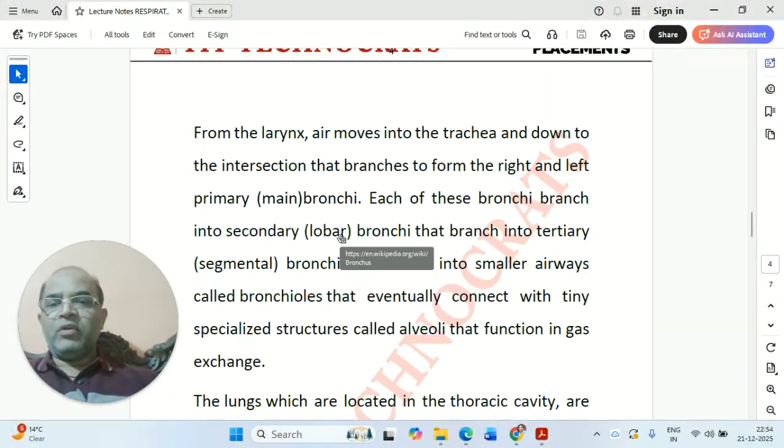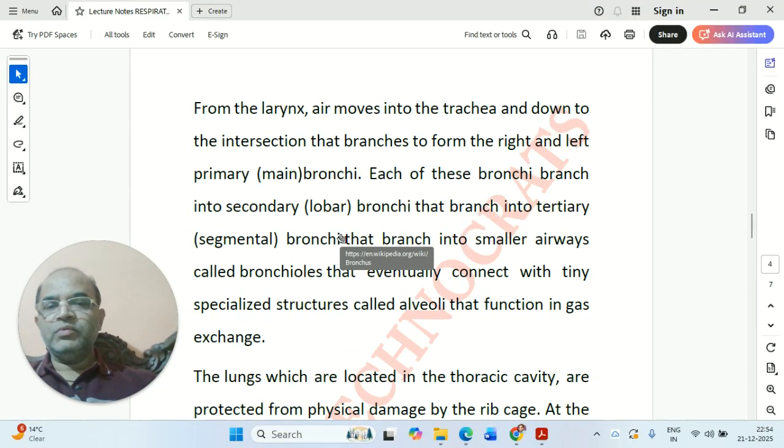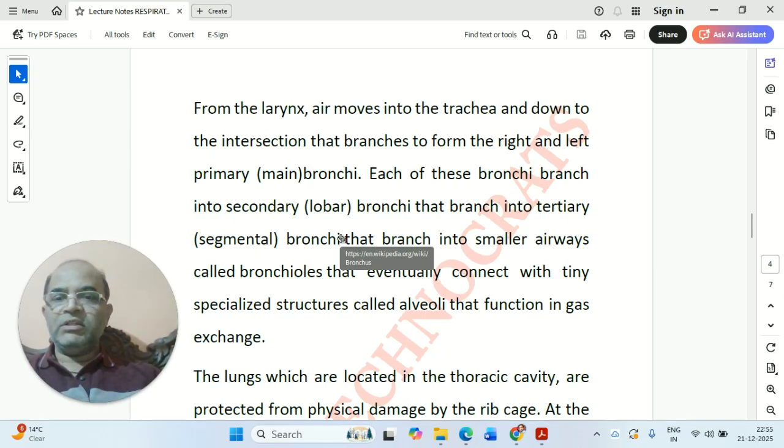So, from the larynx, air moves into the trachea and down to the intersection that branches to form the right and left primary bronchi.